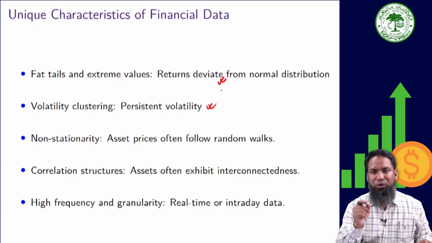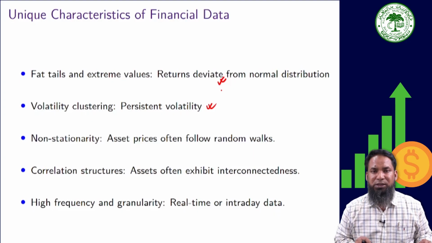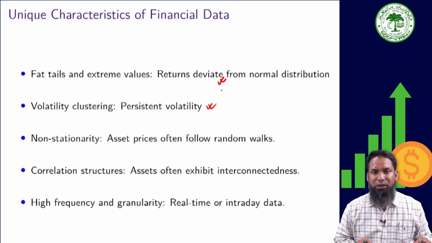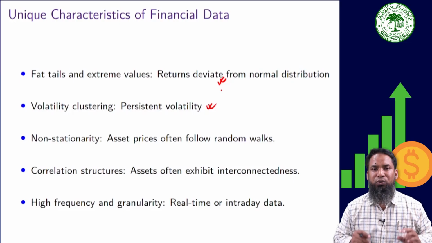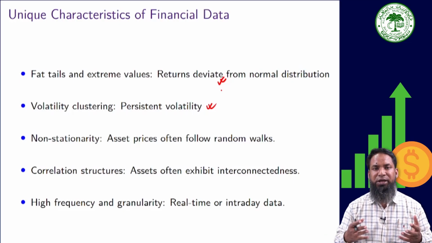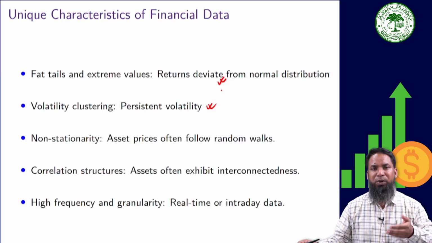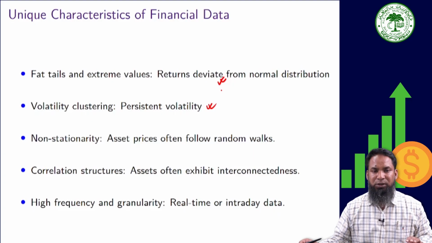Nowadays, we are even able to capture tick by tick or transaction by transaction records. So the financial data, we can say, is kind of a continuous variable. In that case, pure econometric tools may not be appropriate, and we need specialized tools and econometric methods, which are part of financial econometrics.